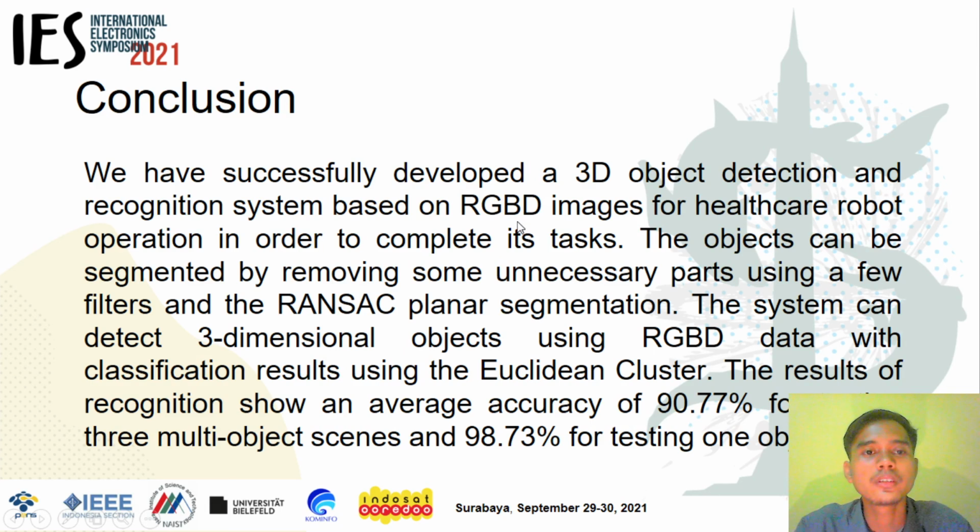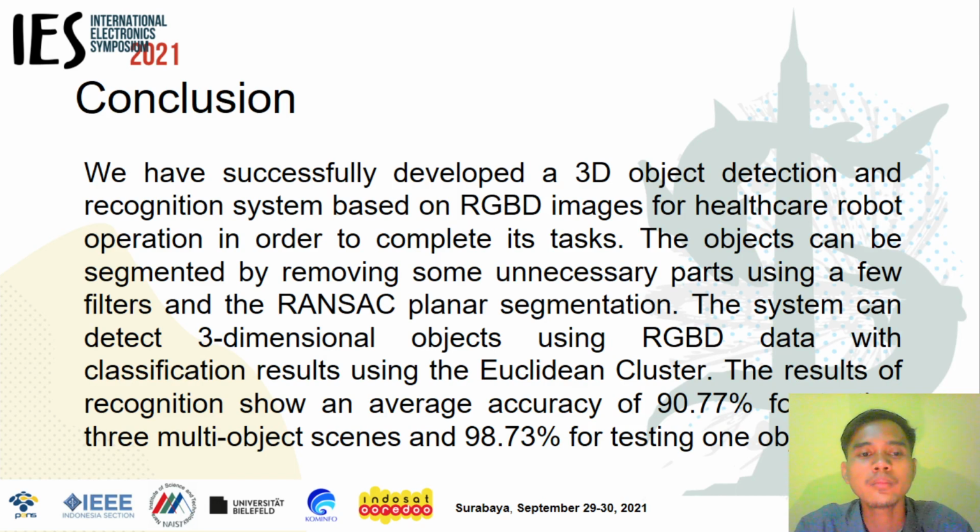So here is the result. We have successfully developed a 3D object detection and recognition system based on RGBD images for healthcare robot operations in order to complete its tasks. The object can be segmented by removing some unnecessary parts using a few filters and the planar segmentation.